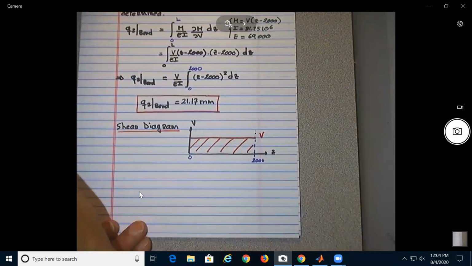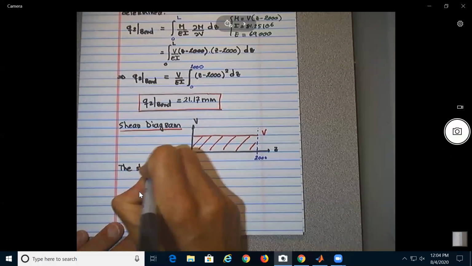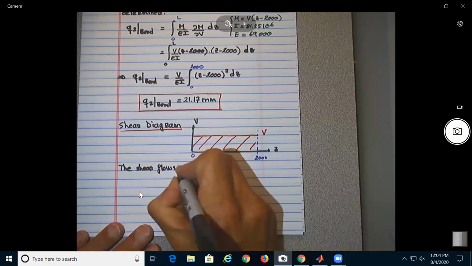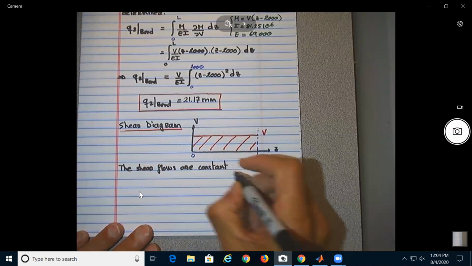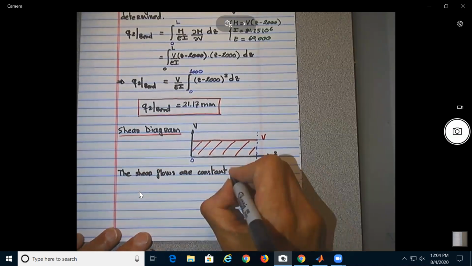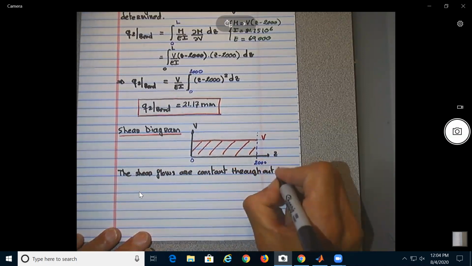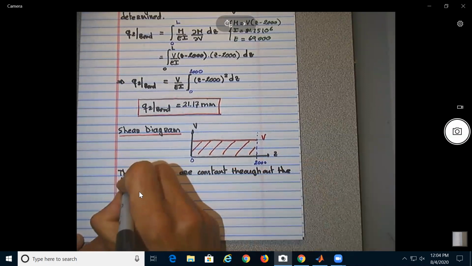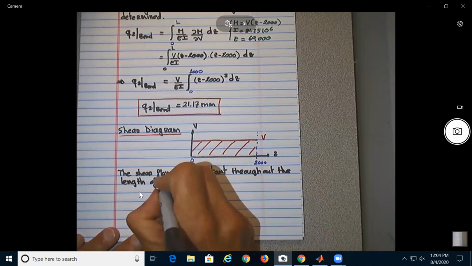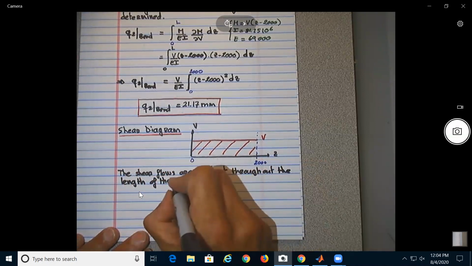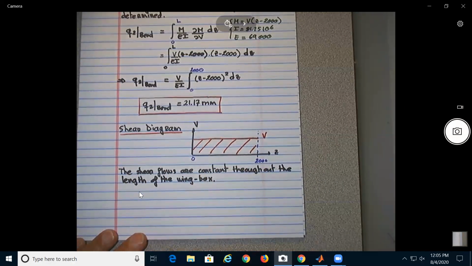Because this is constant, the shear flows are constant throughout the length of the, I'm going to call it wing box, but it can be wing spar as well. Whatever you want to call it.